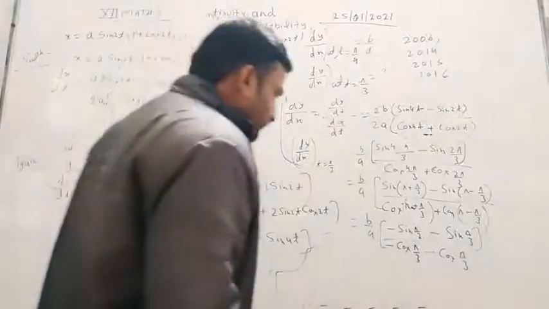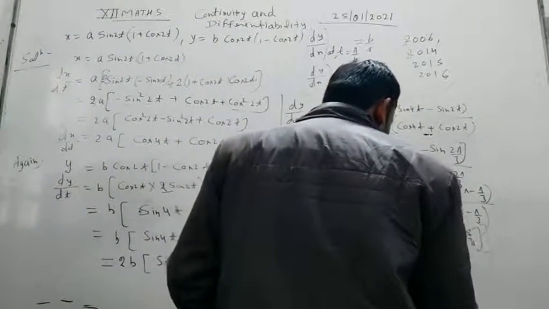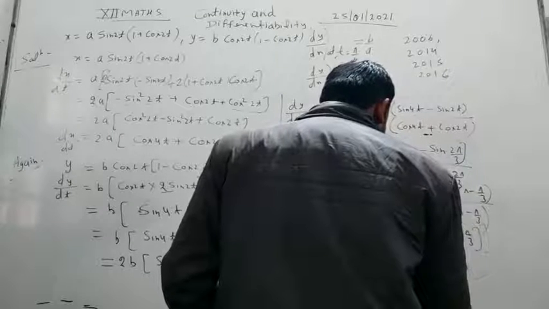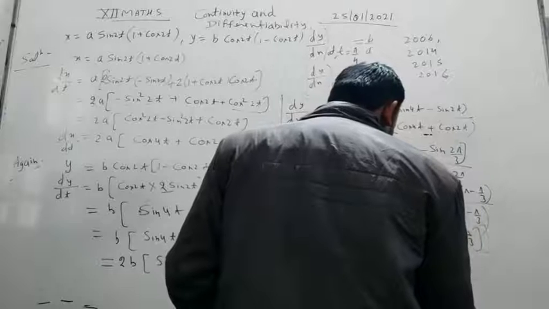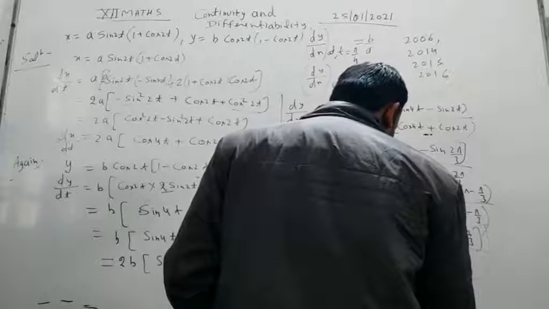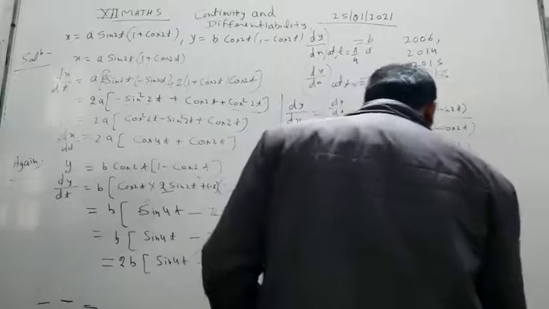Okay, so from here student, we are seeing that this is b by a, and this is 2 times minus sin pi by 3 and minus 2 times cos pi by 3. So this is cancelled.